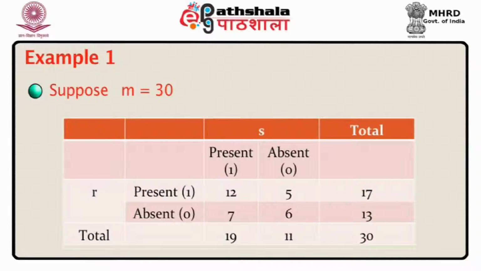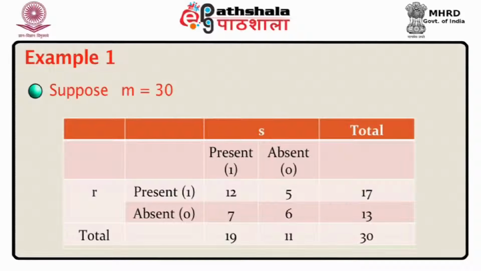So again we can calculate the marginals. There are 17 characteristics which are present for R and 13 which are not present for R. Similarly, there are 19 characteristics which are present for S, but there are 11 which are absent for S, and there are 30 such characteristics in total.